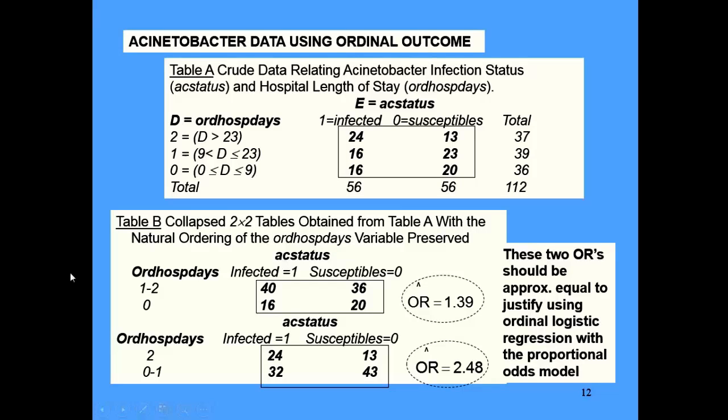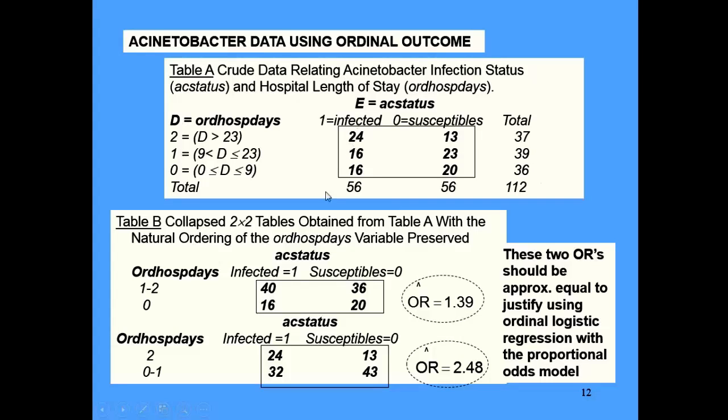I cut the 3x2 pie into two sub-pies, two pieces of the pie, both of which involved the same number of subjects. In order to do this, the first piece was I combined the 2 and the 1 rows into a single row.